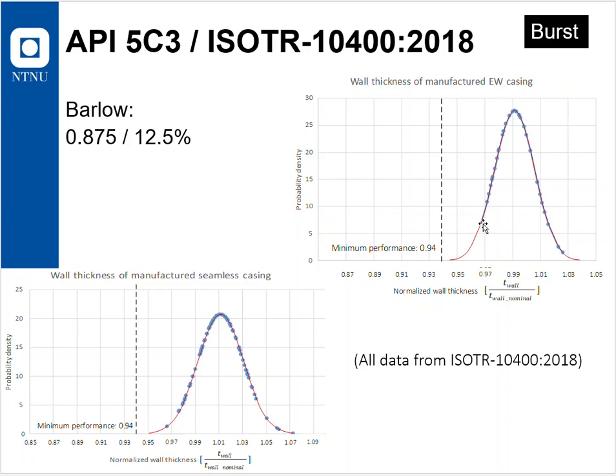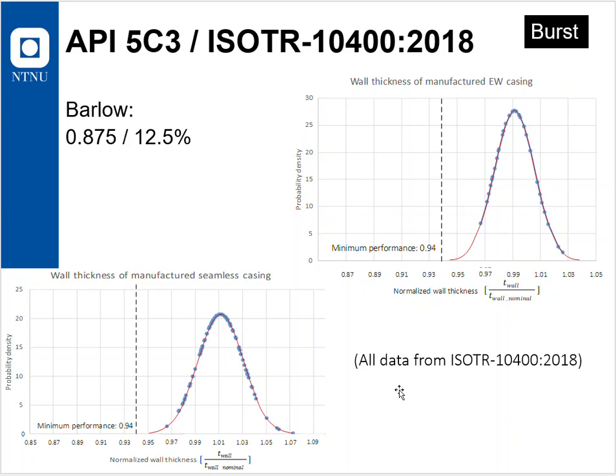You'll find that absolutely most of the pipes would be in and around 99 to 101% as a normal distribution. And that's for seamless casing here, and that's for welded casing.